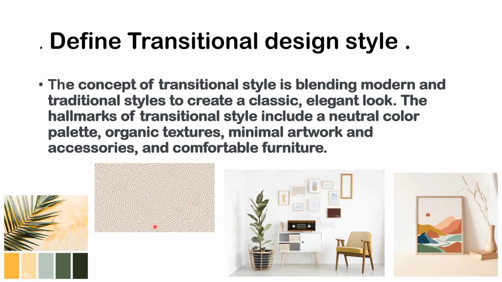One I have shown in this video is the basic texture which is used through your paintings or your artwork applied onto your walls. Even you can do organic textures like stone, real stone wall cladding, which again comes under organic textures.